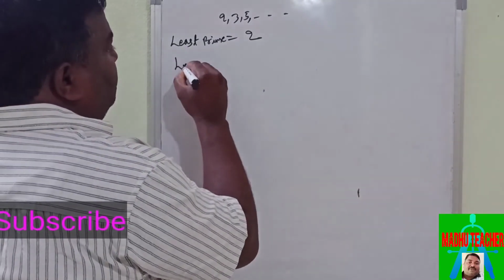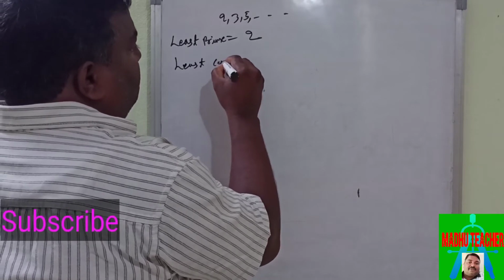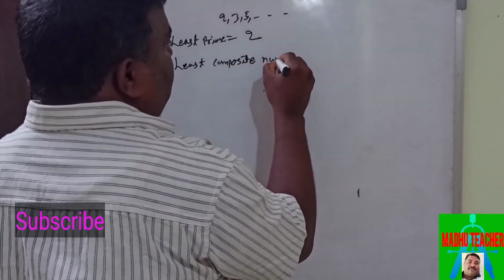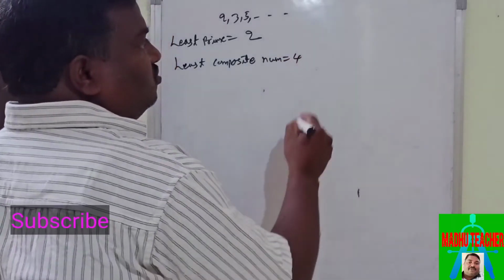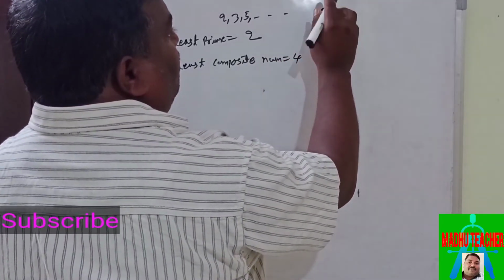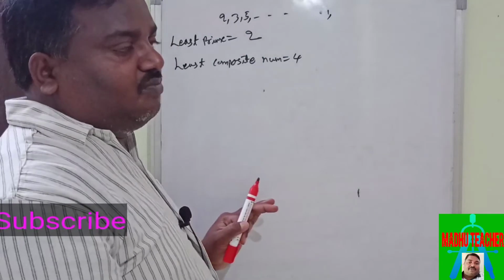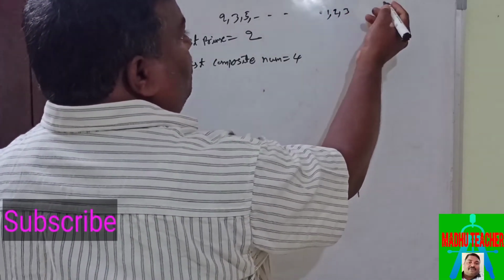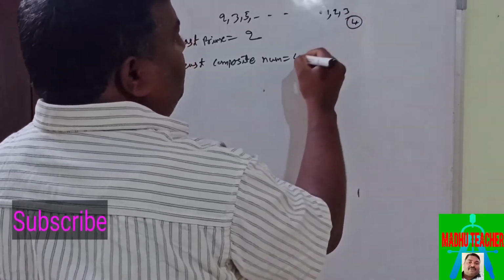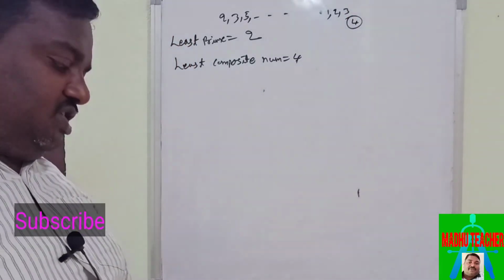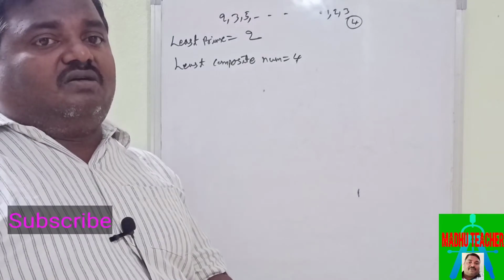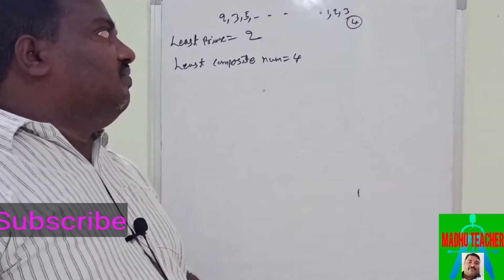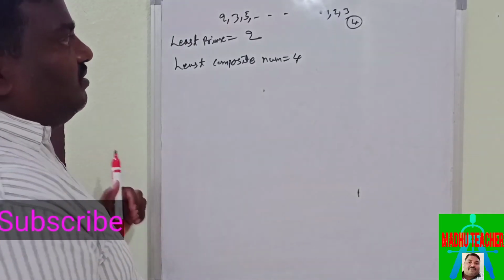Next question is, what is the least composite number? The least composite number is 4. 1 is neither prime nor composite. 2 is a prime number, 3 is also prime. So 4 is the first composite number. Next question is, what is the least odd composite number?